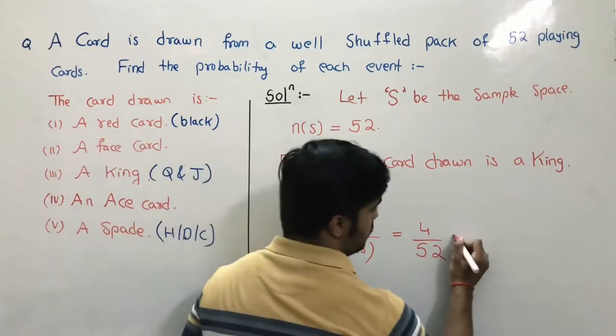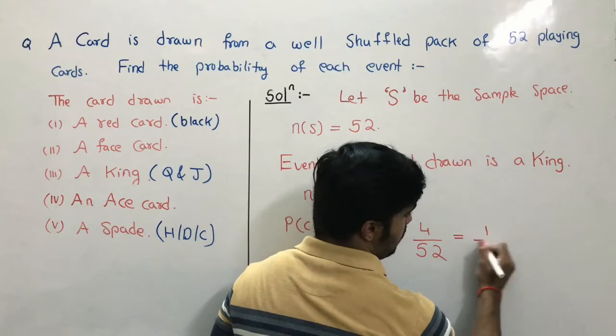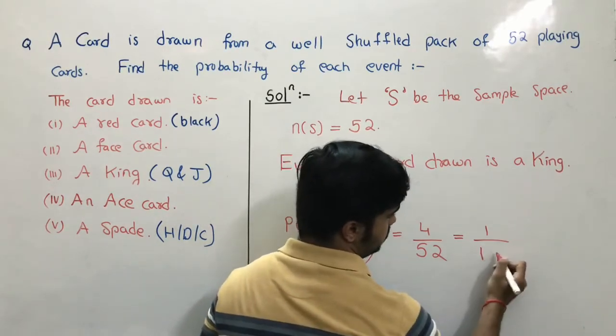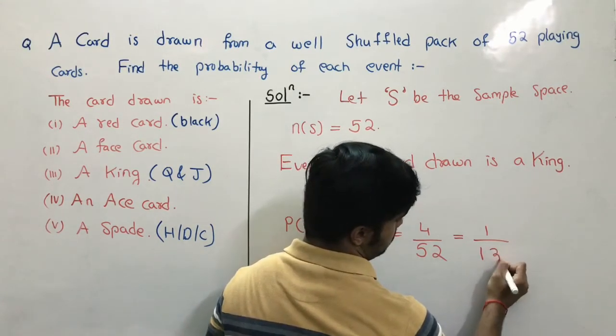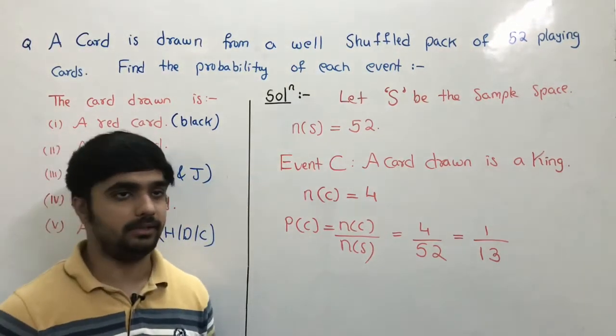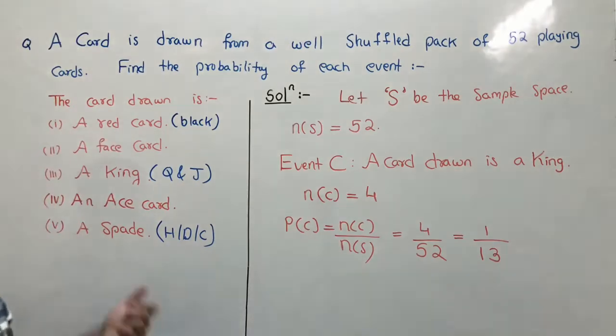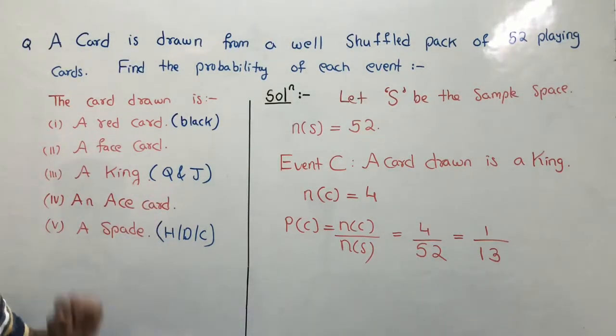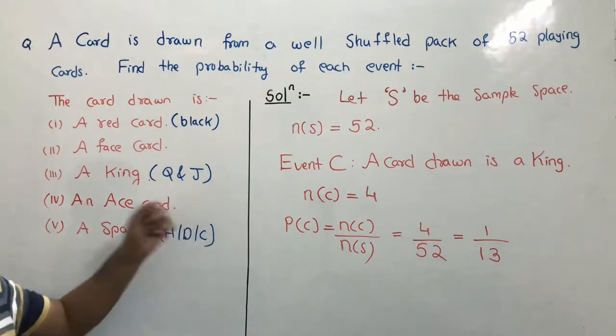We can solve it further. 4 ones are 4, 4 thirteens are 52. So 1 by 13. Same is applicable for a card drawn is a queen card or a card drawn is a jack card.